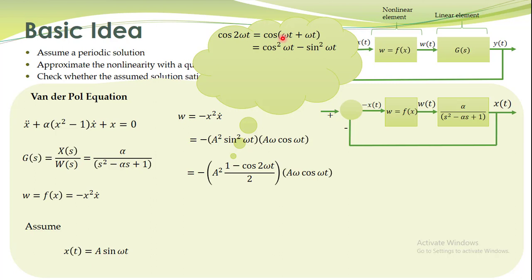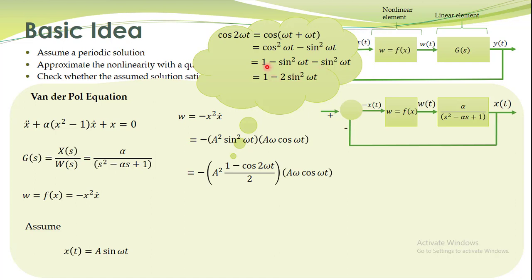These are basic identities. You are quite familiar with these identities. So that is equal to cosine square omega t minus sine square omega t. And what is cosine square omega t in terms of sine? That is equal to 1 minus sine square omega t, and this term is over here.